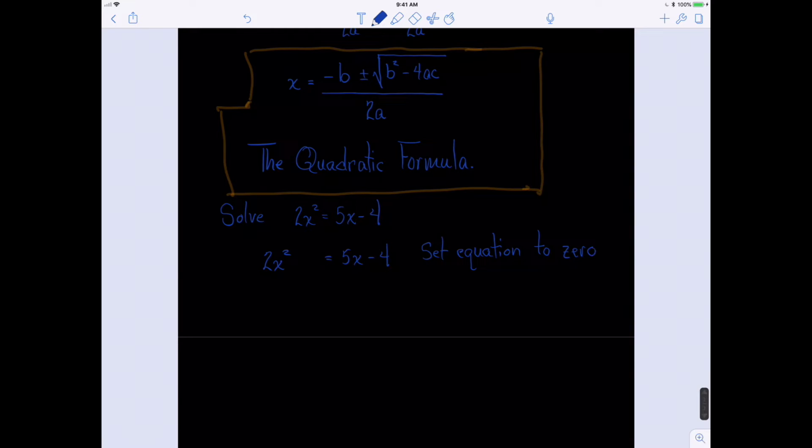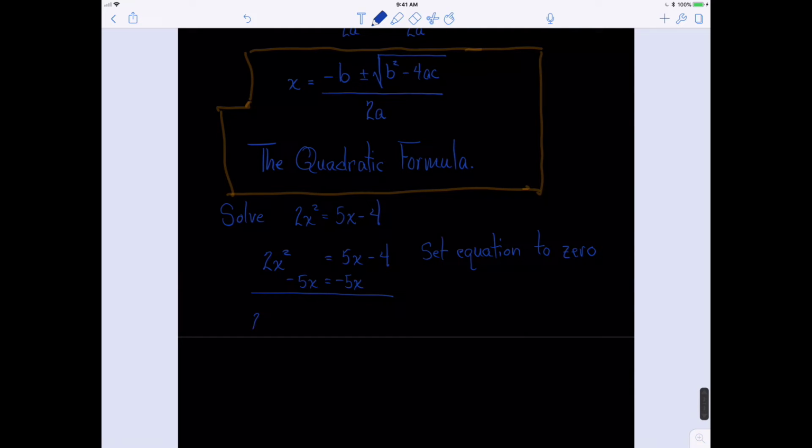We do that by moving all of our terms to one side. And remember, we found it's usually nicest if we keep the number in front of the x squared positive. So I'm going to leave the x squared on the left-hand side, and I'm going to move the 5x by subtracting 5x.